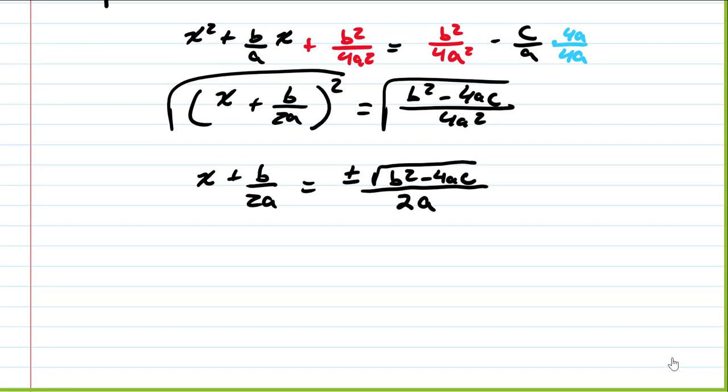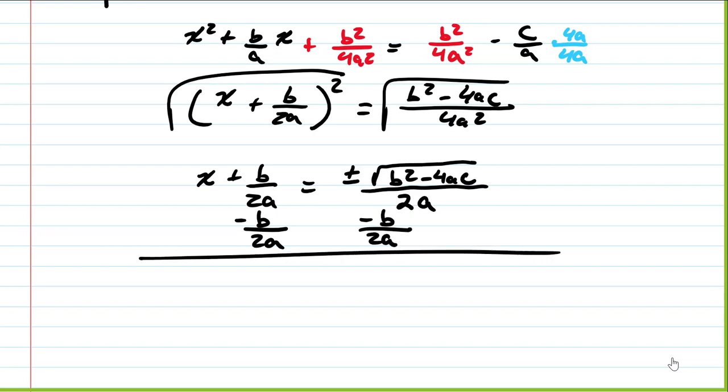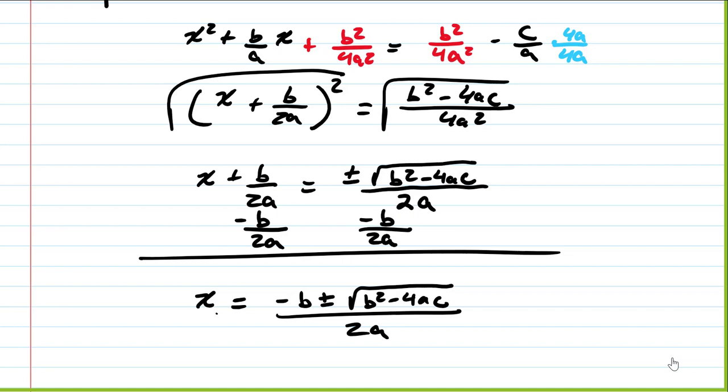So then, finally, solving for x, we subtract b over 2a from both sides. So we get x is equal to, and luckily these already have a common denominator, negative b plus or minus the square root of b squared minus 4ac, all divided by 2a.